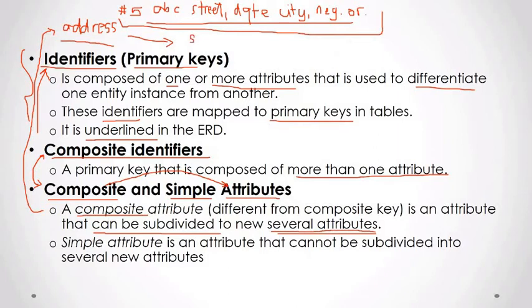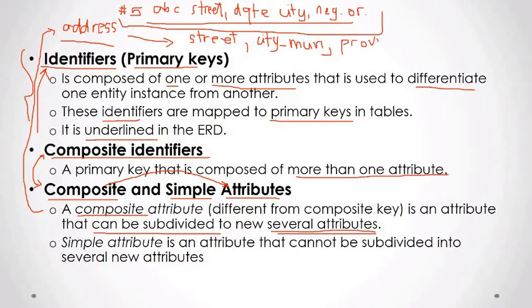So one attribute will be the street, the other attribute will be city or municipality, and the other attribute is province.